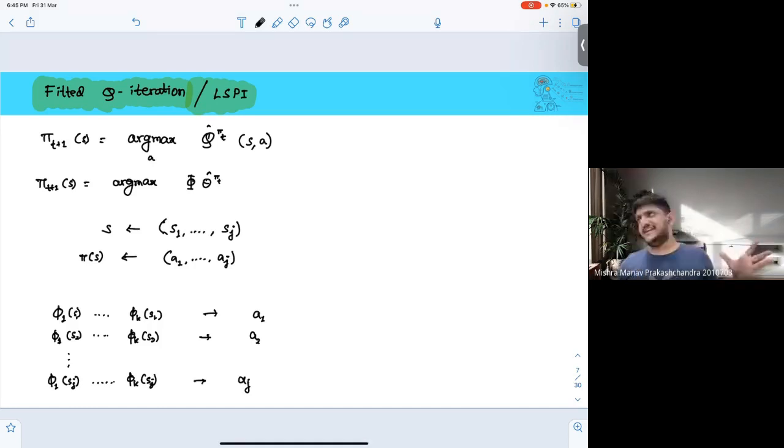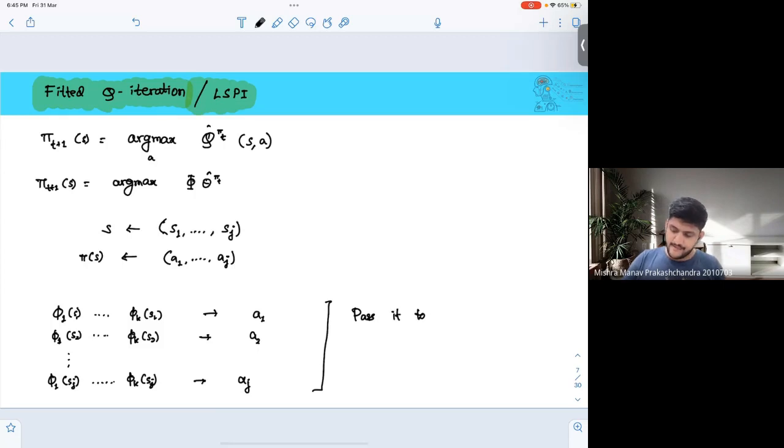Since you have taken j such cases, all you need to do is pass it to a classifier or a regressor, depending on whether the action case is a continuous action case or a discrete action case.